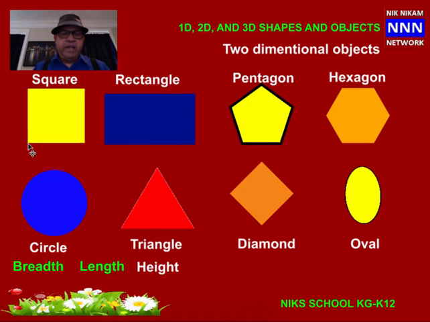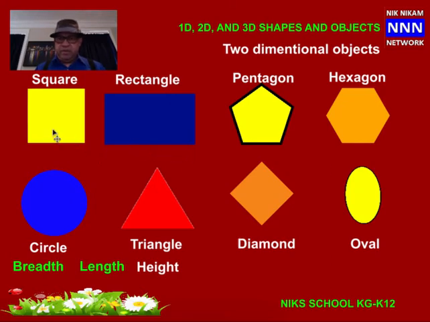That is, the length of each side is the same in a square object. You can have a piece of paper which can be cut into a square, and that is a square two-dimensional object.